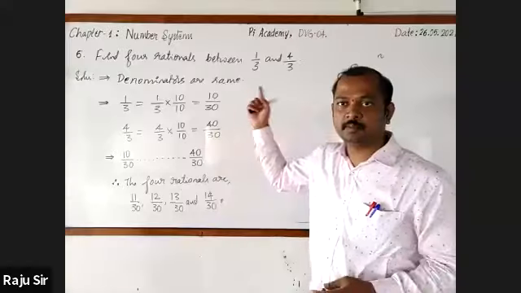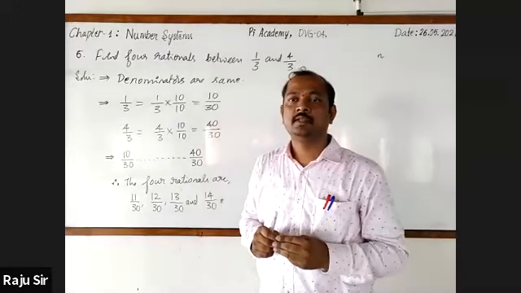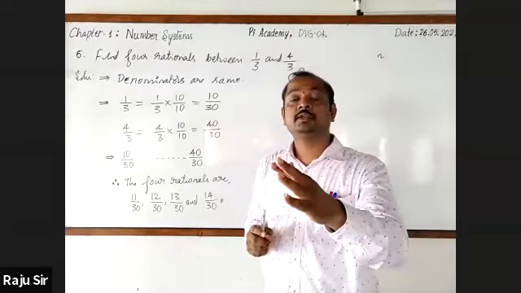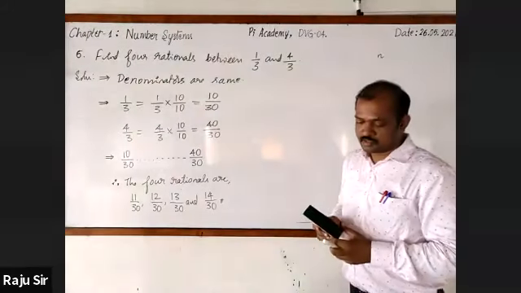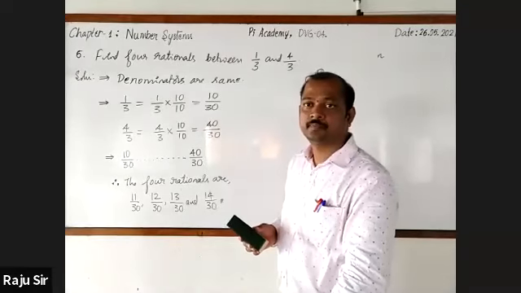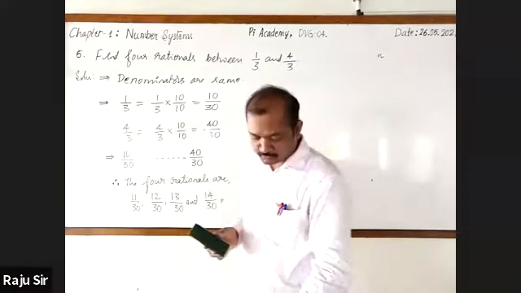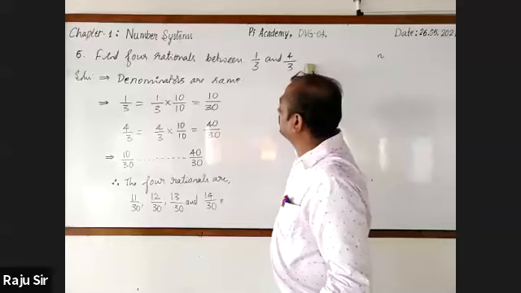Finished, sir? Okay. Here the denominator terms are the same. Now I'm going to take one example where the denominator terms are different. I'll take one such example. Shall I? I'll take the problem from the exercise.